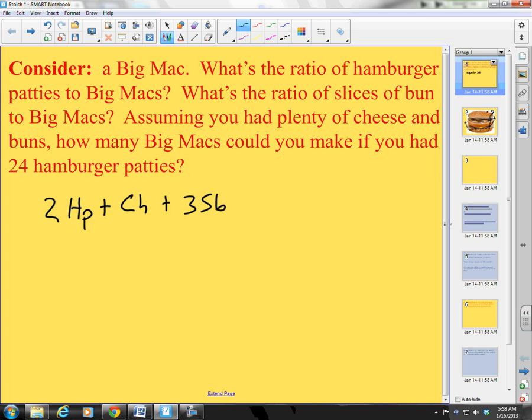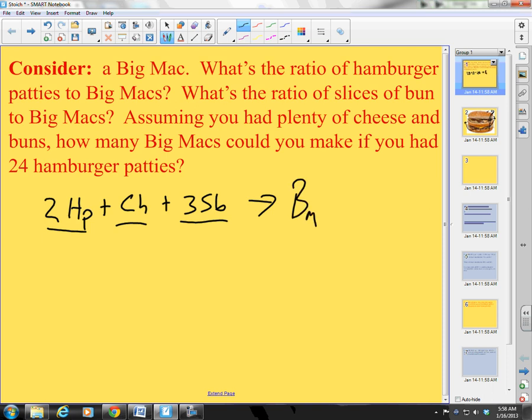So we have two hamburger patties plus one slice of cheese plus three slices of bread, and that'll make me one Big Mac. Got it?